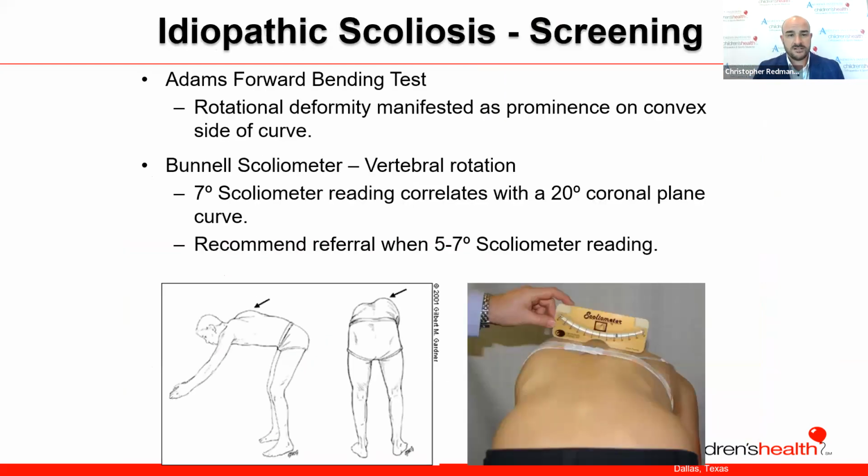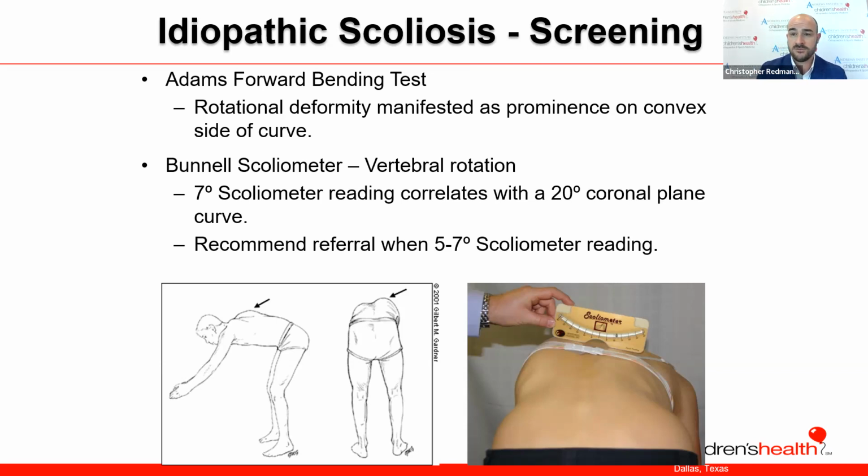One test that school screenings are based off of, and often pediatric evaluations are based off of, is called the Adams forward bending test. This is a test where the patient leans forward, using a Bunnell scoliometer to measure the amount of rotation the spine has. Now, again, we cannot diagnose scoliosis off of a clinical examination.